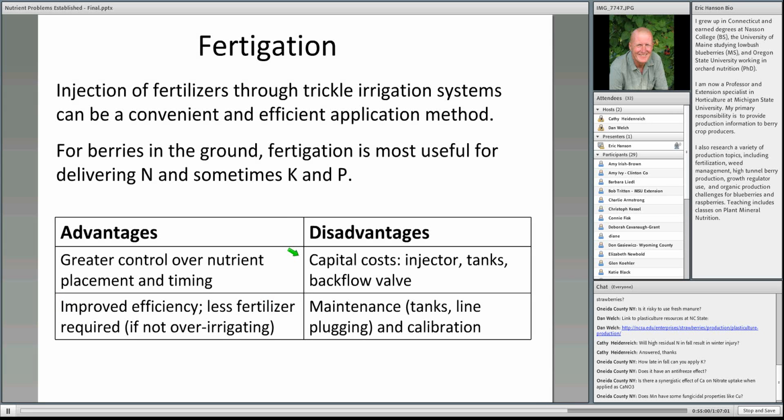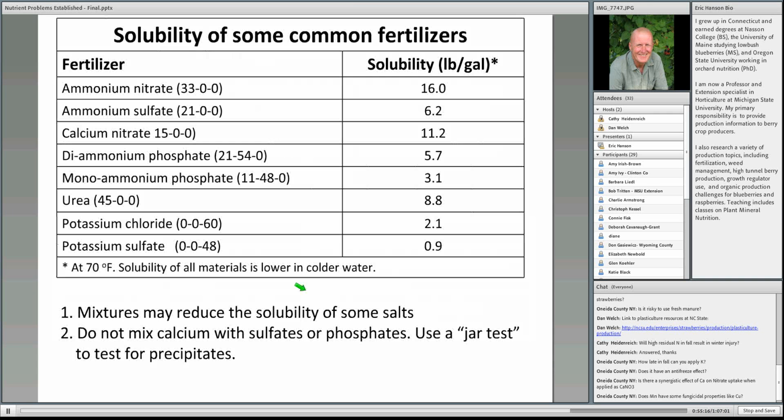Disadvantages, of course, are the capital investments in injectors and tanks and backflow valves and such. And then there are some maintenance and management costs involved as well. Many of these typical fertilizers are very soluble: ammonium nitrate, ammonium sulfate, calcium nitrate, very high solubility.